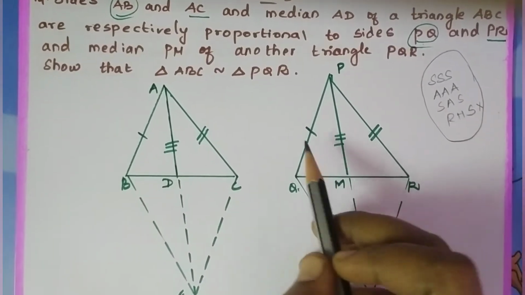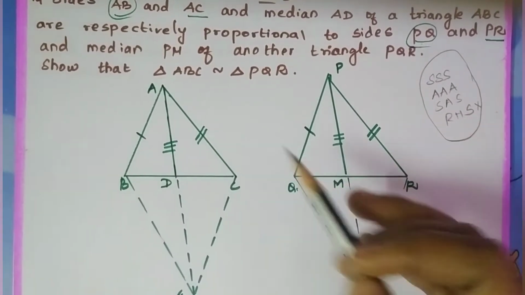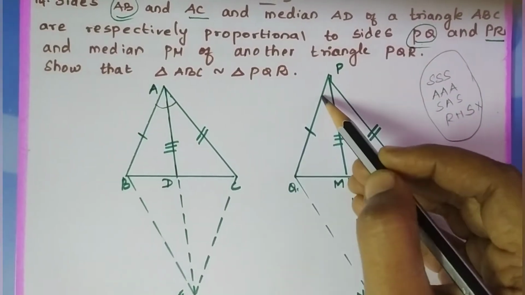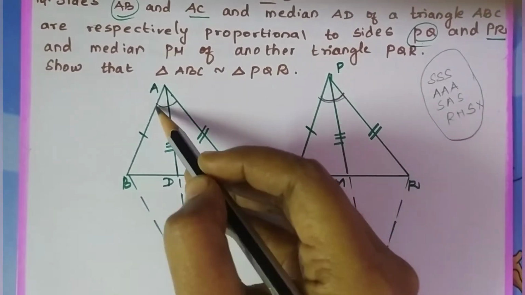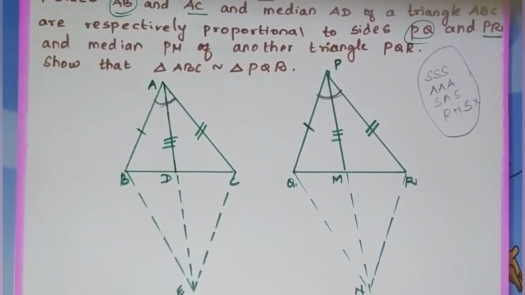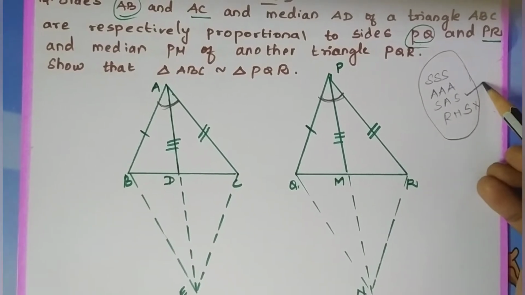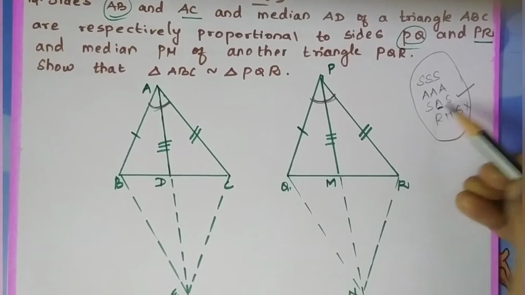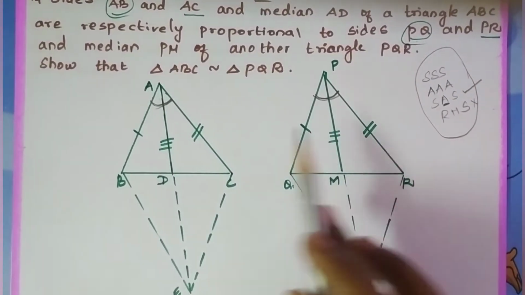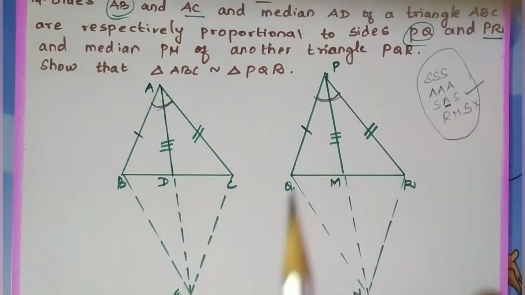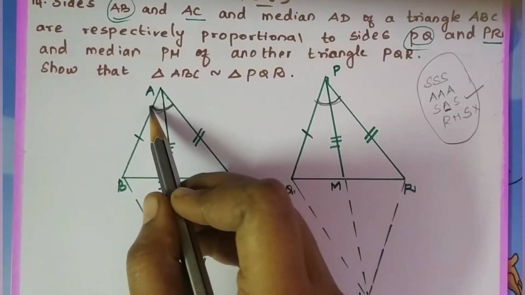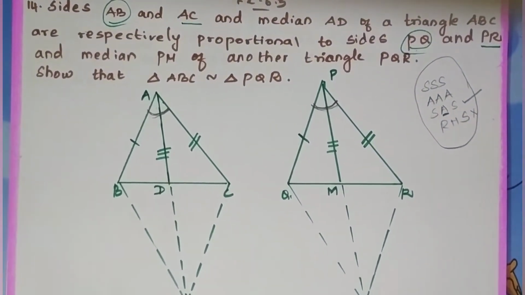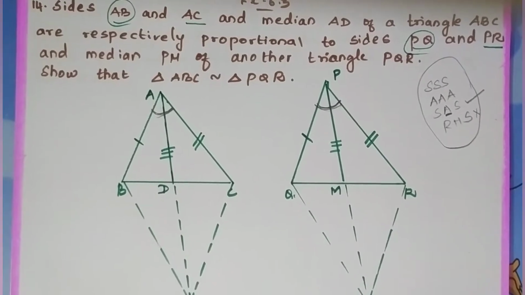But if we are taking the two sides AB and PQ, AC and PR, we have to prove that the included angle, angle A and angle P, are equal. We know that the two sides are in proportion, already given in the question itself. If we prove that angle A is equal to angle P, it is enough to say that the two triangles are similar. Clear?